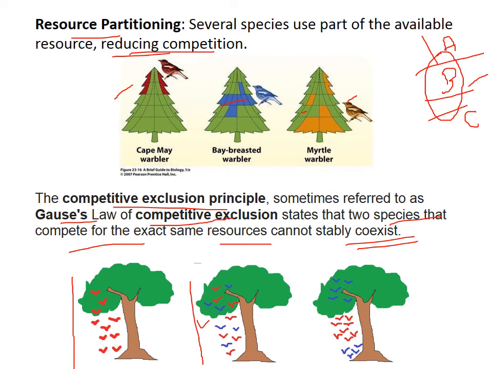After this competition they can't coexist. The winner occupies the upper and lower parts, and the loser confines itself to only a particular region of the tree. That is the competitive exclusion principle.